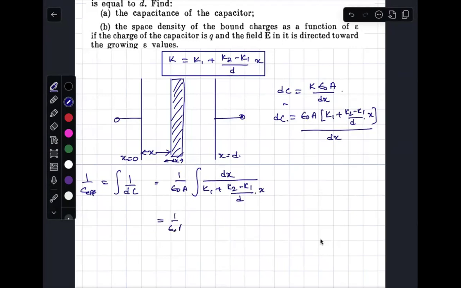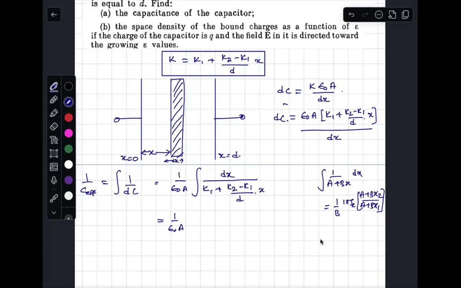This you can write as, again I'm repeating, of the form 1 by A plus bx dx. This can be written as 1 by b log e of A plus b x2 by A plus b x1.